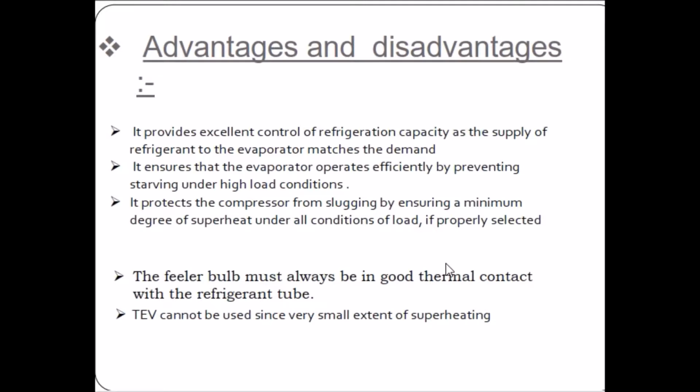Now we go to advantages and disadvantages. The first one, it provides excellent control of refrigeration capacity as the supply of refrigerant to the evaporator matches the demand. Okay, we can control the demand, how much supply of refrigerant we need, and how much pressure we need in the evaporator. And then the next, it ensures that the evaporator operates efficiently by preventing starving under high load conditions.